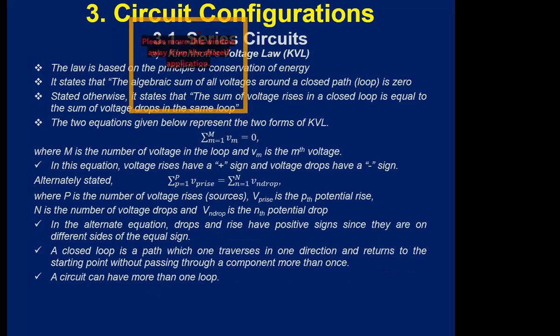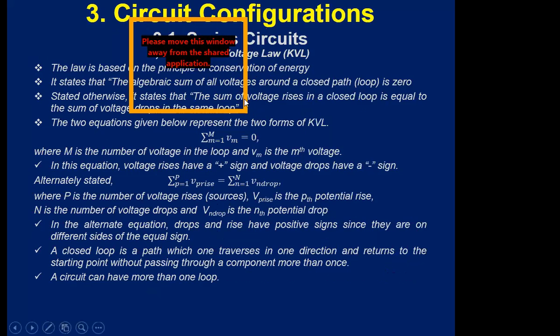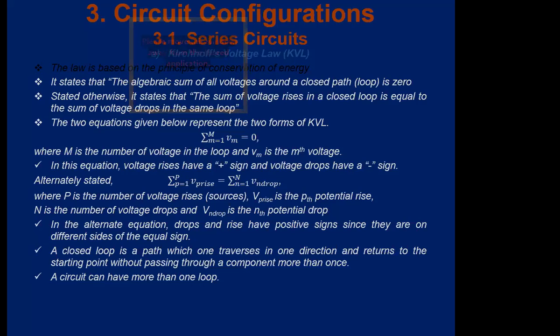So in series circuits, again, we have a law which is called Kirchhoff's Voltage Law. Kirchhoff's Voltage Law is based on the principle of conservation of energy, and it states that the algebraic sum of all voltages around a closed path or a loop is 0.